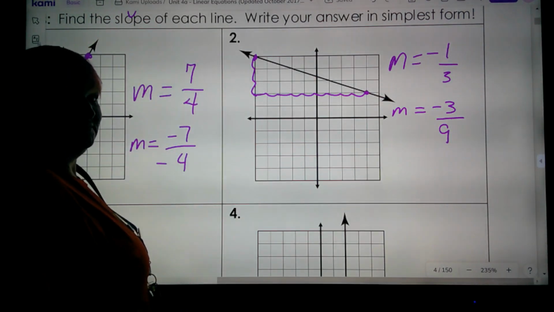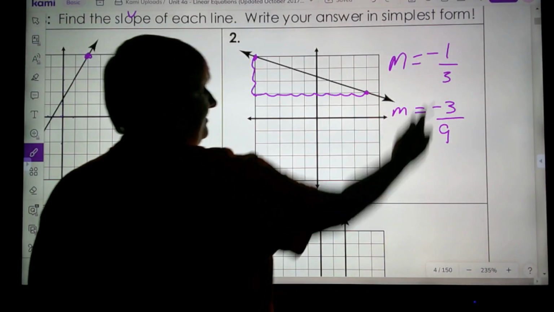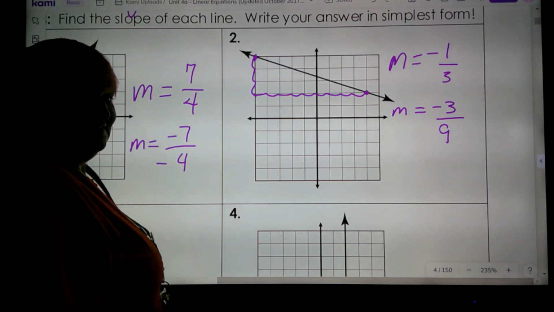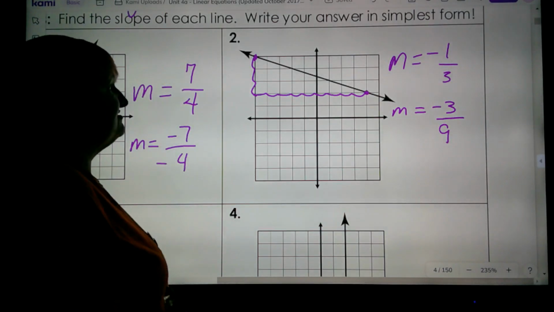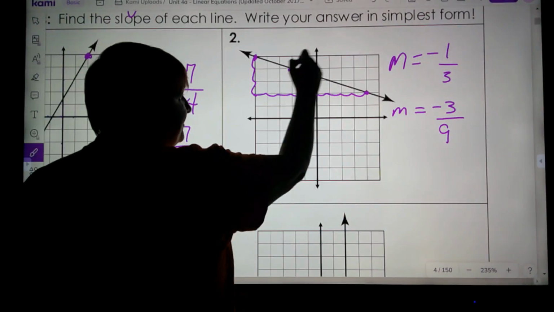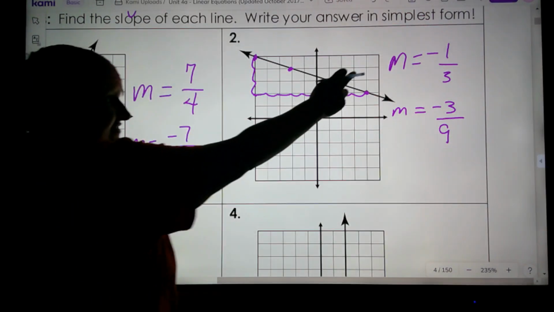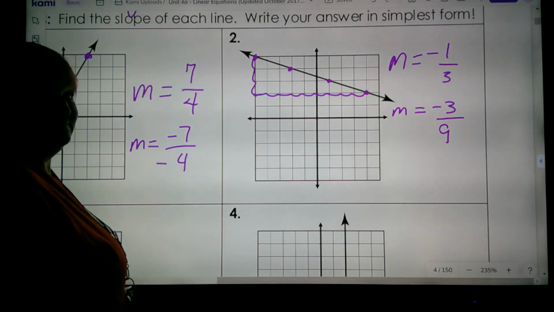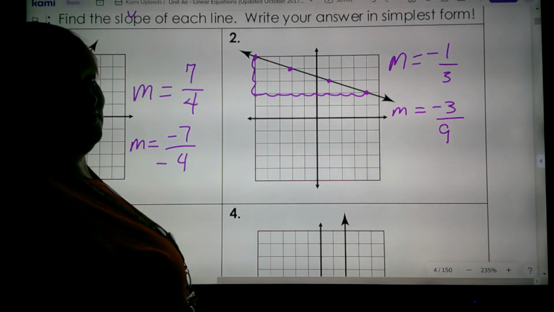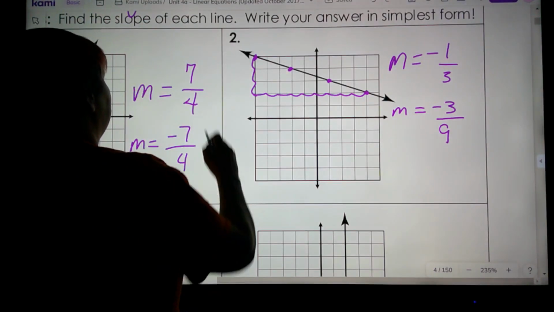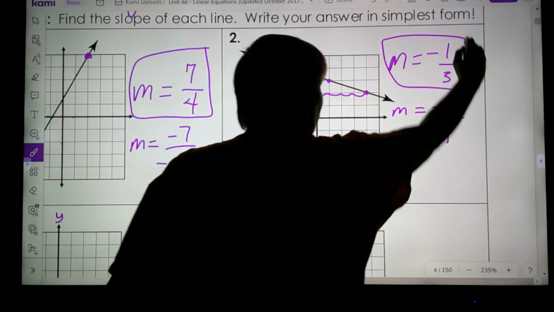This simplified is this. No matter what 2 points you use, as long as they're on a four-way intersection, you will get the same exact slope. You might have to simplify it, but you'll get the same slope. Right? So slope is negative 1 over 3.